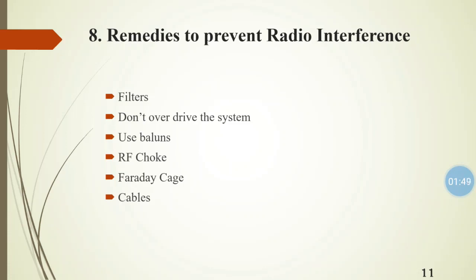Next one, putting on some ferrite cores. Ferrite cores can be a great help. All you have to do is attach one or two ferrite cores to your speaker's wire. Ferrite cores are also called ferrite beads or chokes.